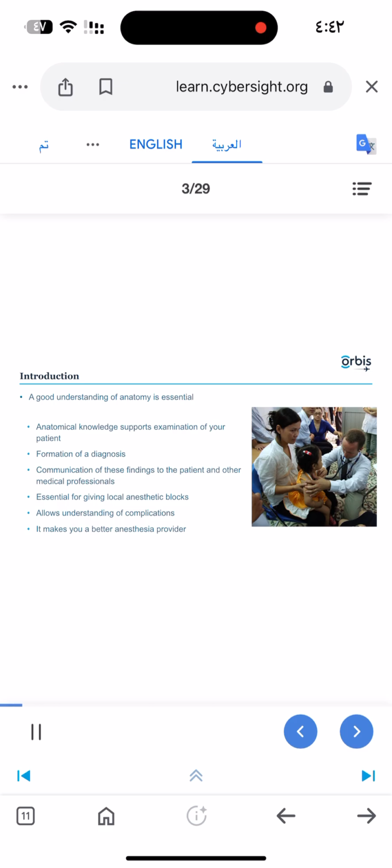A good understanding of anatomy is essential to the anesthesiologist for all areas of our practice. Sound anatomical knowledge supports our examination of the patient, the formation of a diagnosis, the accurate communication of our findings to both the patient and our other medical colleagues.